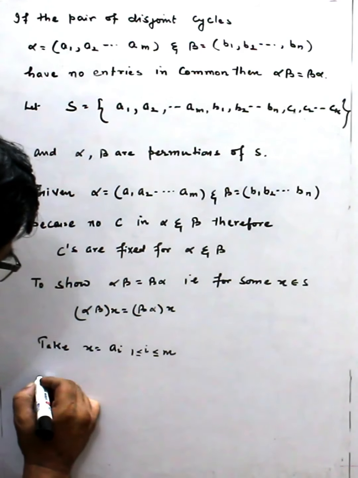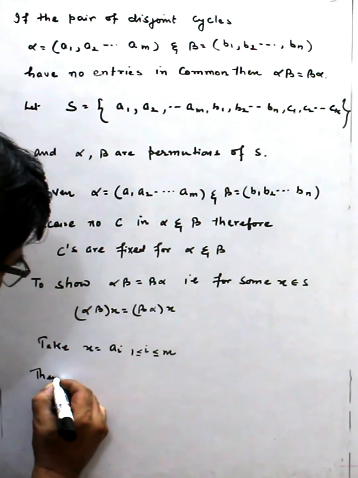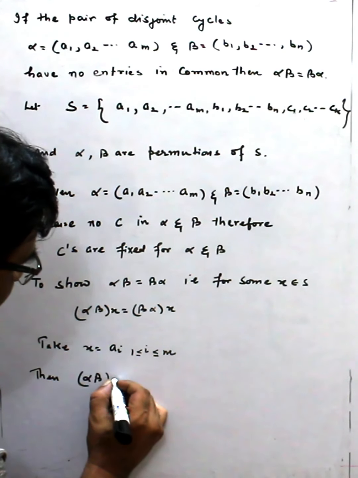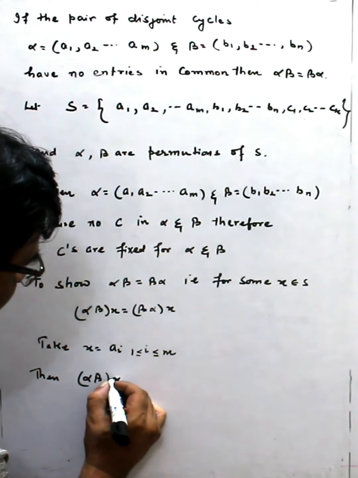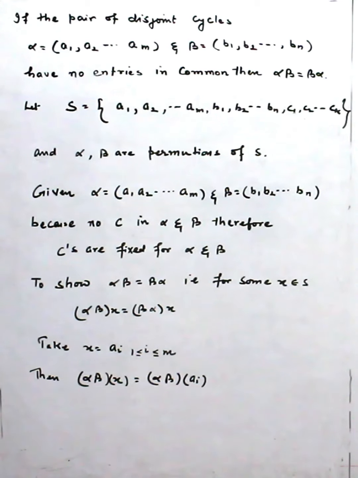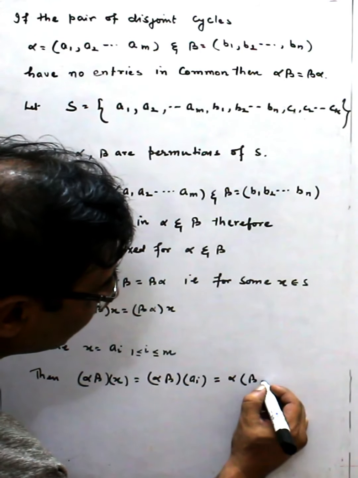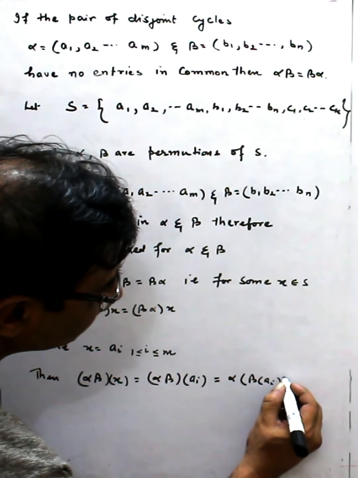Then alpha beta x, I can write alpha beta ai, and by associativity, alpha of beta ai.